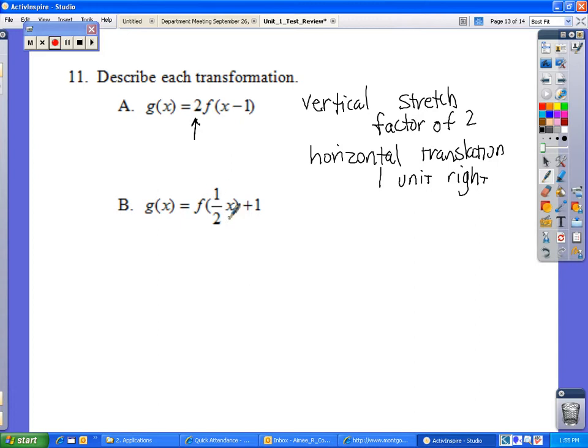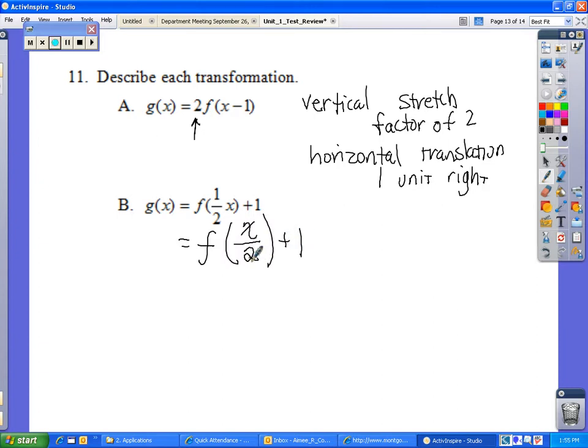Lastly, you have to rewrite this in standard form. So I can rewrite this as x divided by 2, because I just do half of x, so x over 2 plus 1.